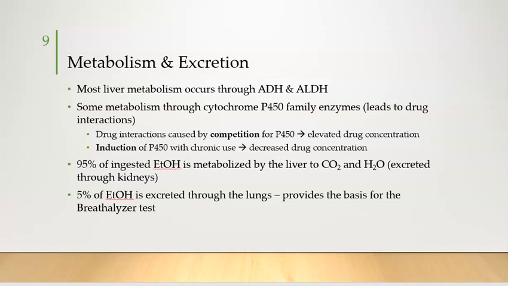So what's happening with this drug interaction is it's due to the competition for the cytochrome P450 family of enzymes. This leads to an elevated drug concentration. And then the induction of P450 with chronic use, so you actually start creating more of these enzymes, leads to a decreased drug concentration, which will lead to tolerance.